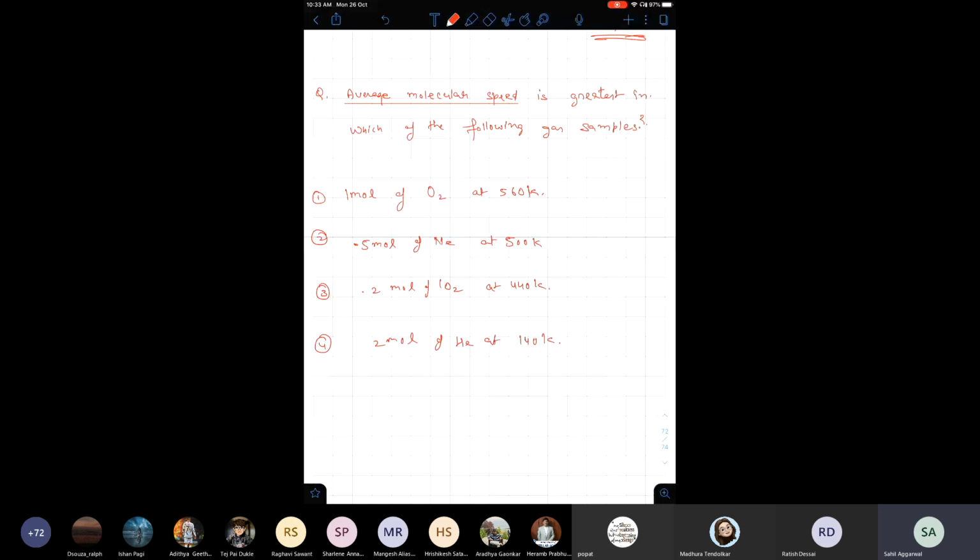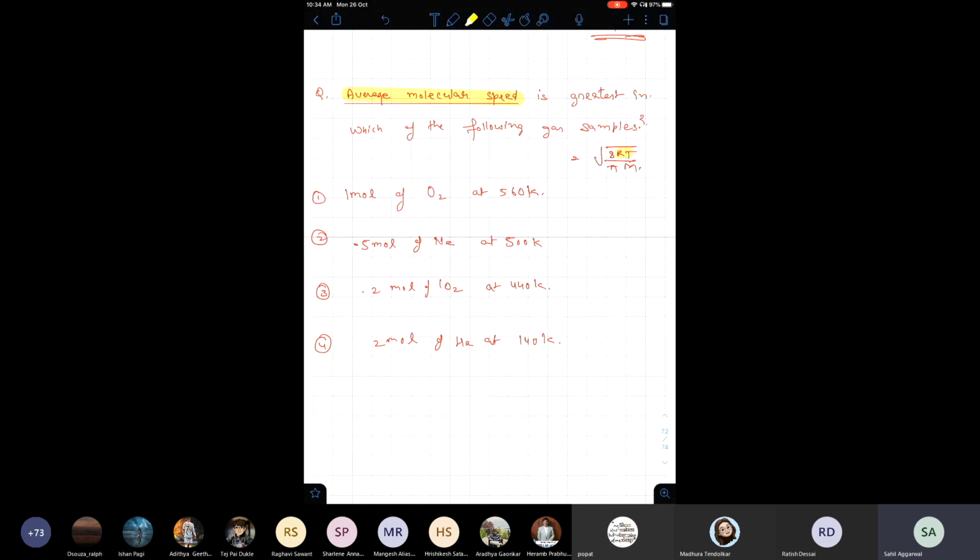So Madhura, that's what you were saying, that 8RT by pi M. If average molecular speed is given, then it will be root 8RT by pi M.